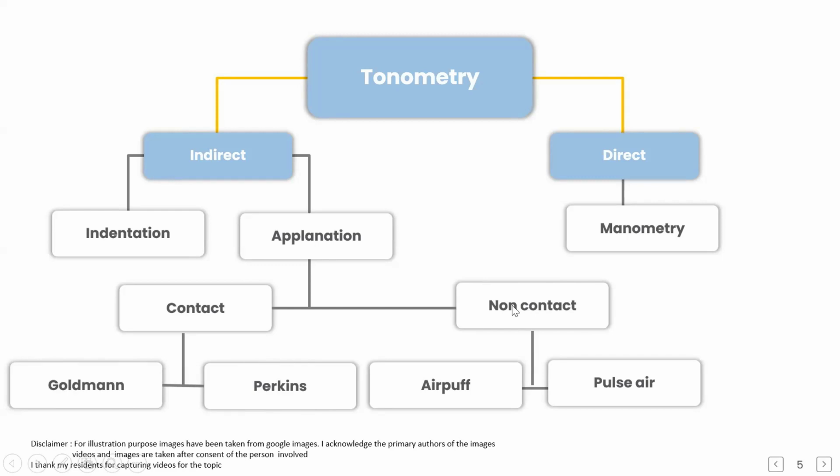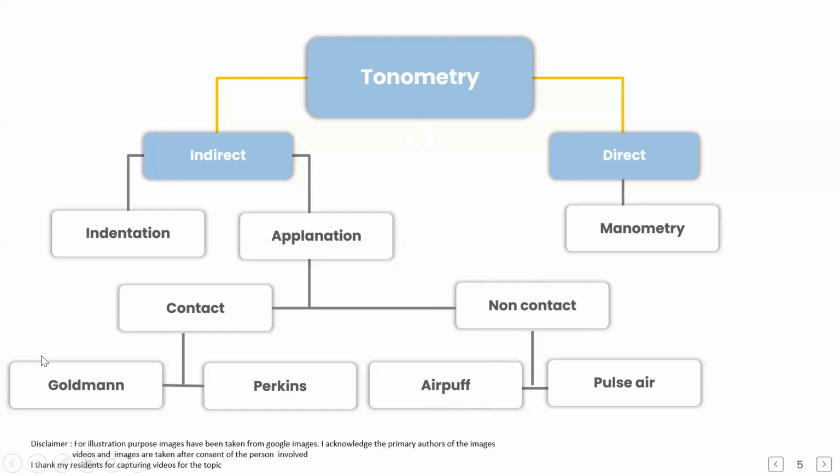The non-contact methods, the air puff or the pulse air methods, are used for screening. When you have a large number of patients and you want to screen them for glaucoma, these are commonly used. Using tonometry, you will get to know the exact intraocular pressure.